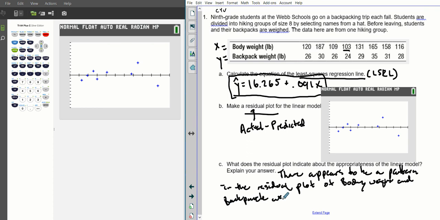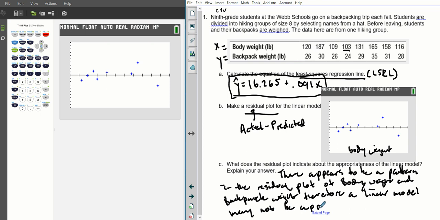Because this is all of our body weight x's, I'm going to label that on our plot right here: body weight. Therefore, a linear model may not be appropriate.